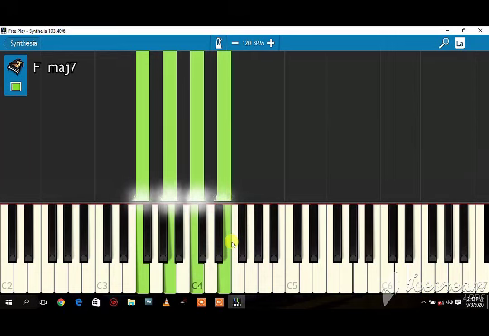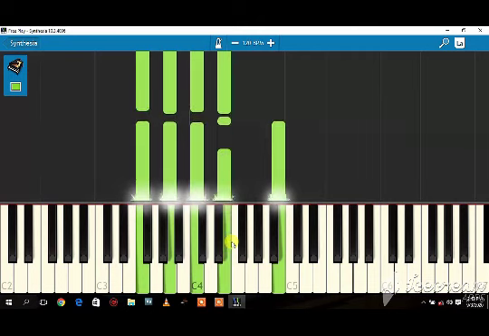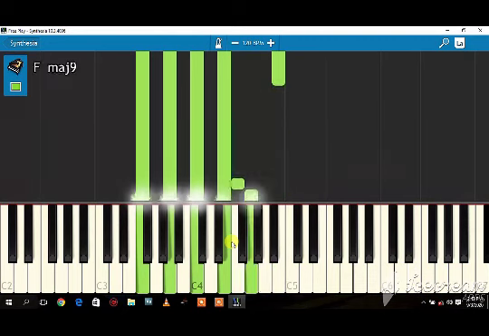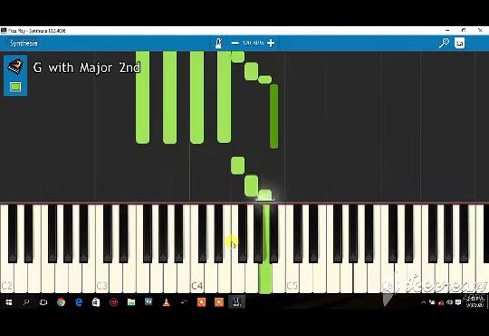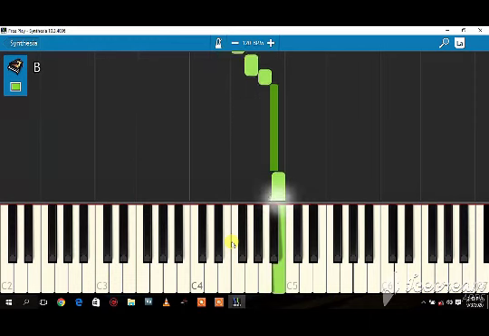If we sharpen the 11th, we have F A C E, then the sharpened 11. Beautiful chord. This is actually an altered chord to a jazz pianist because in the key of F, B natural is not part of the F major scale.